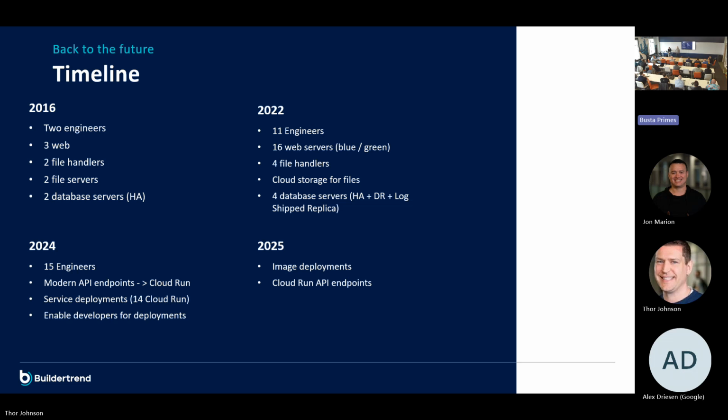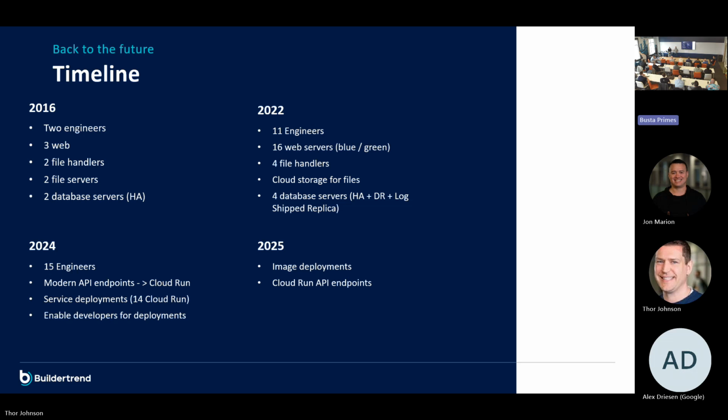Yeah. So in 2016, it was Thor and I. We had 3 web servers, 2 servers that did file handling for us, and 2 physical file servers. That all migrated up into GCP, lift and shift. Then, going from 2022 to 2025, 11 engineers, 15 engineers, we're continuing to grow the team.